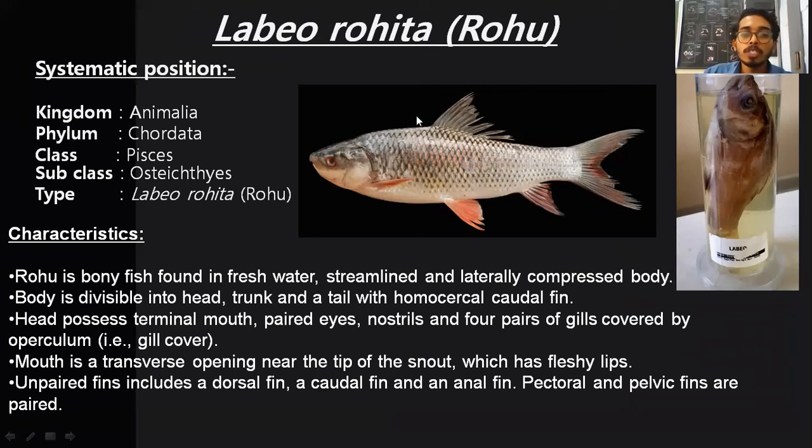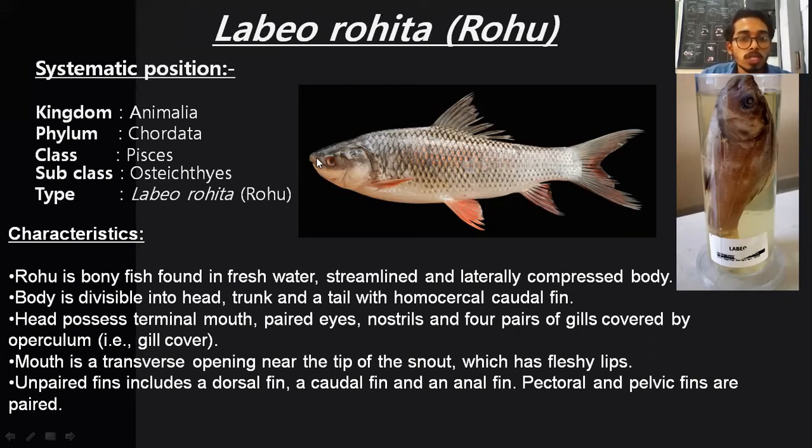The head possesses a terminal mouth, paired eyes, paired nostrils, and 4 pairs of gills. Here you will find 4 pairs of gills, covered by a gill cover called an operculum. Clear?